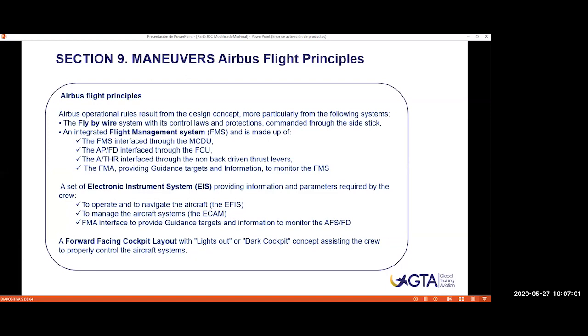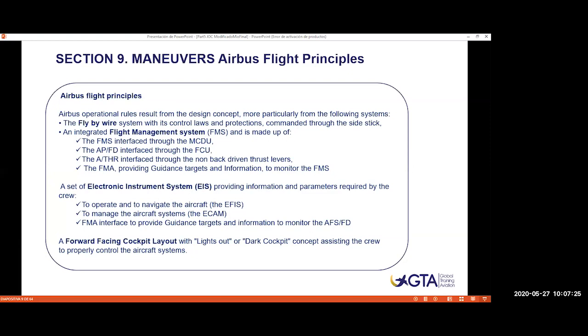What are the principles that Airbus was thinking of when creating this aircraft? We thought about fly-by-wire. Afterwards, we are going to go deeper into all of these things. Fly-by-wire means having its own flight control laws and protections.